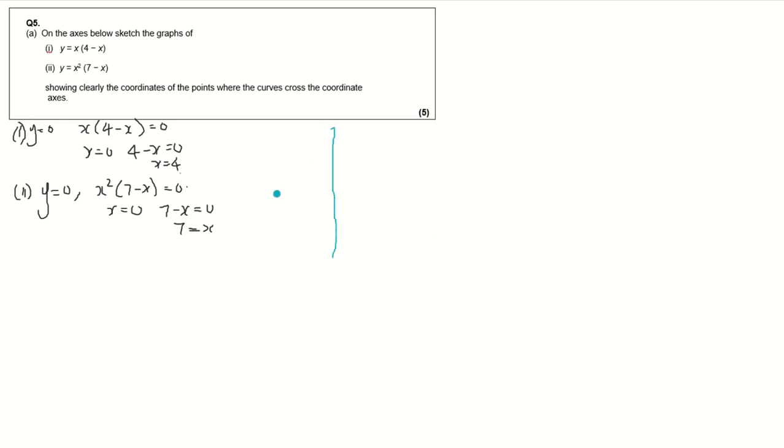You have one that is quadratic, but the a value is negative, so it goes down, concave downwards. So 0, and then that's 4. And then you have a cubic curve, but with x squared, so it's a repeated root, and a is negative as well.